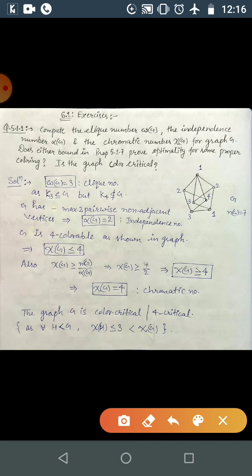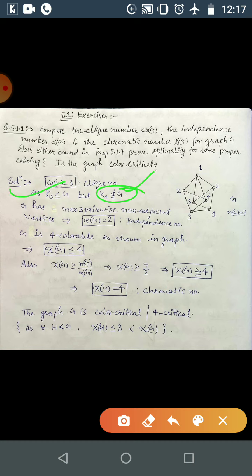Any 4 vertices you take do not form a K4, choosing 4 vertices at a time. So K4 is not part of this graph, but K3 is.